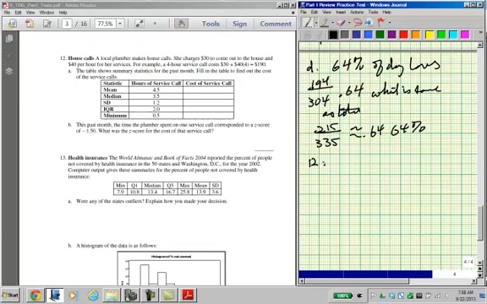Now, we are multiplying and adding. Okay? So, the mean is going to be affected by both addition and multiplication.